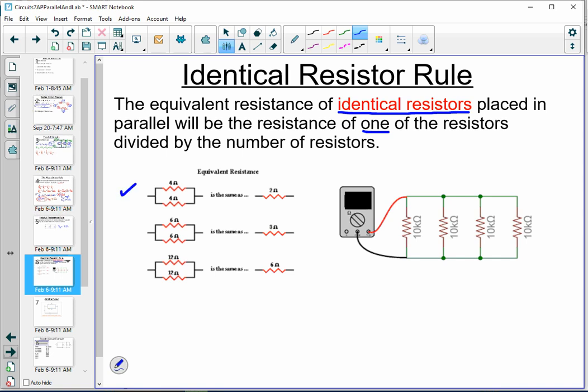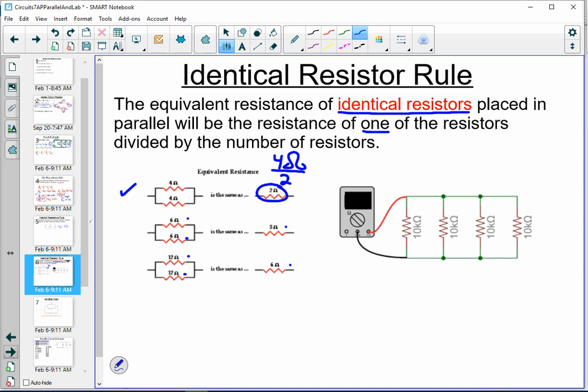For example, if you have two 4 ohm resistors in parallel, take the value of one of them, 4 ohms, and divide by the number of resistors, and that gives us our 2 ohms as advertised on the right. Similarly, if you take two 6 ohm resistors, you will get a 3, and two 12 ohm resistors, you will get a 6.